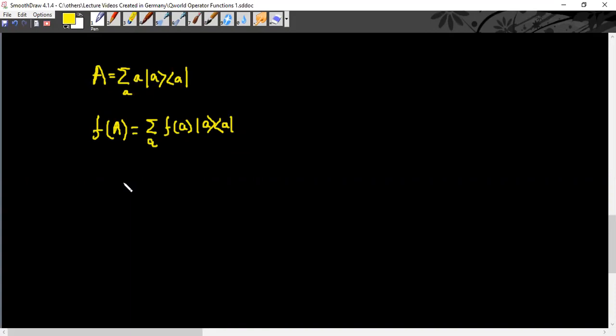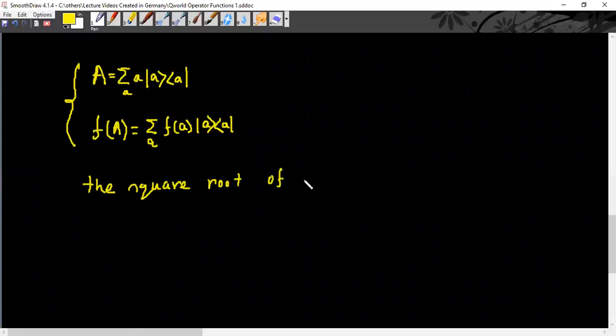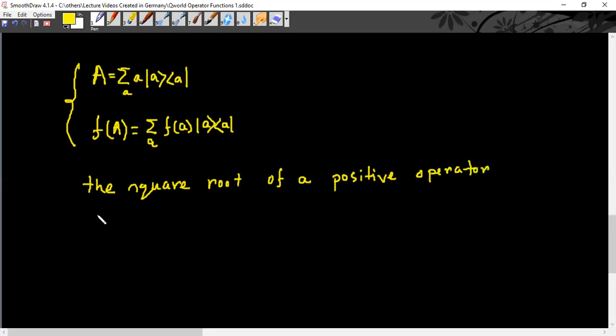And it's also stated that this procedure can be used to define the square root of a positive operator, the logarithm of a positive definite operator.